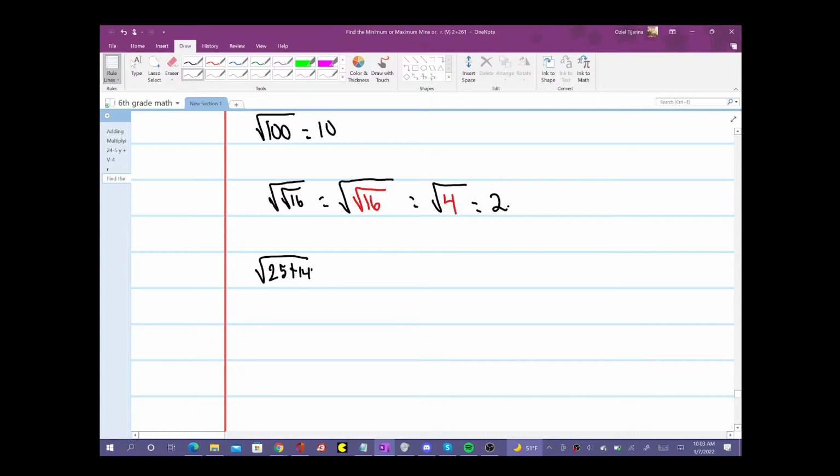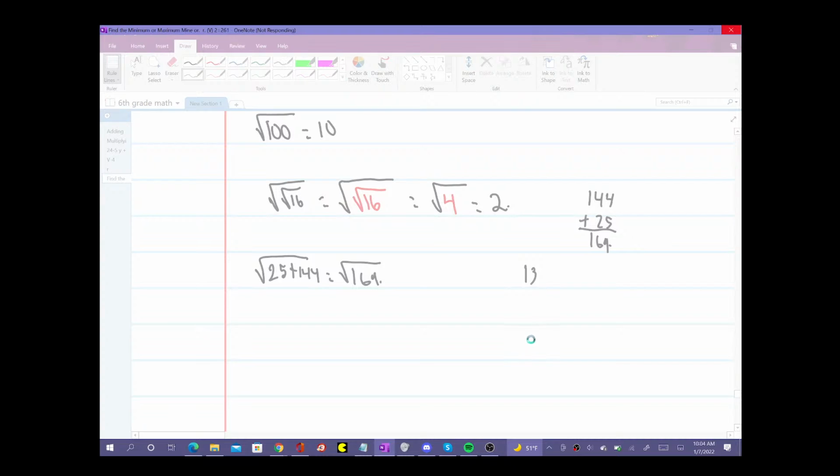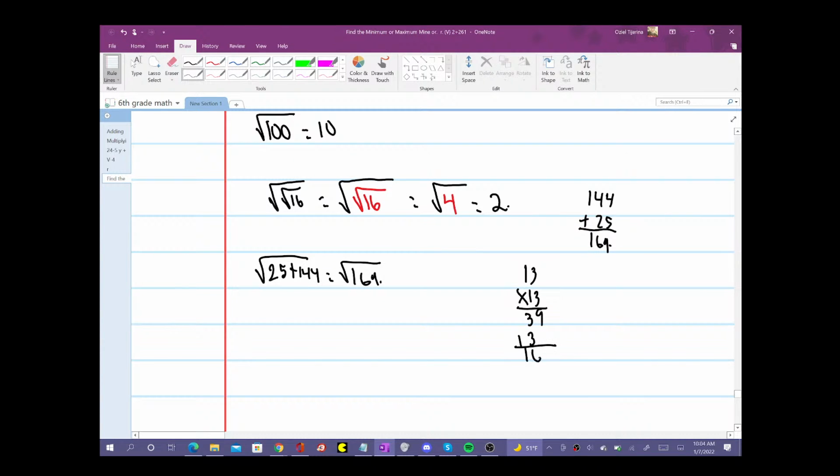That's equal to the square root of, you're just adding them, right? 144 plus 25, that's 169, so it's the square root of 169. If you know your squares, like 13 times 13, if you multiply it, it'll literally give you 169, so you can see that this is equal to 13, right?